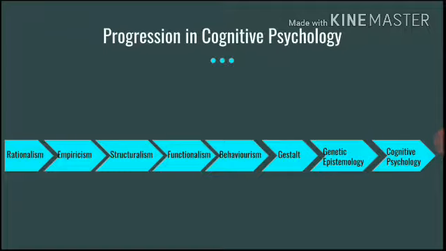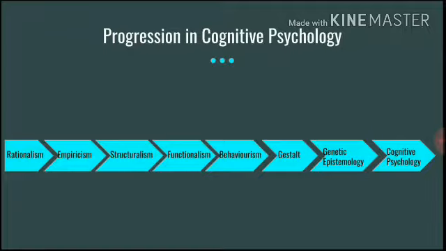Now, moving on from our philosophical roots to how we've moved ahead in time into structuralism, both of these, whether it be rationalism or empiricism, have played a very strong role in defining a foundation and moving towards cognitive psychology.